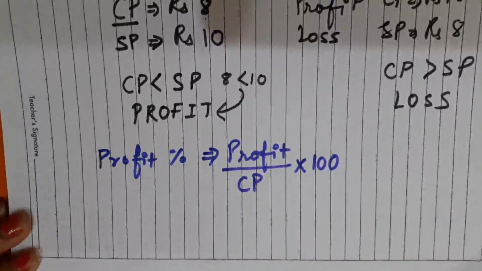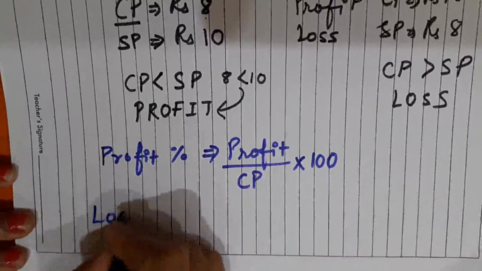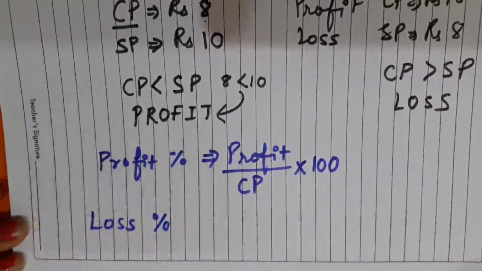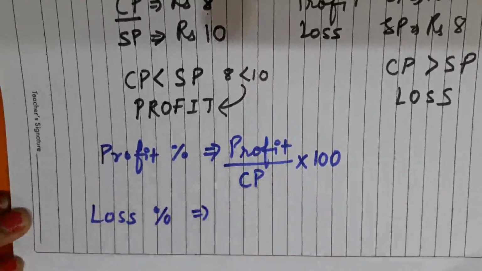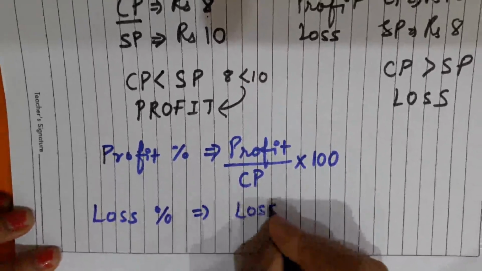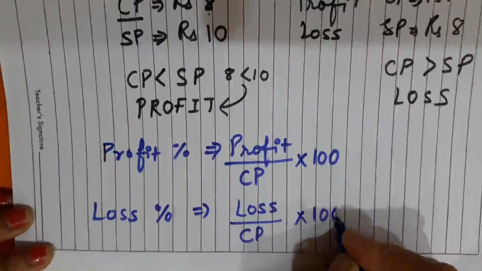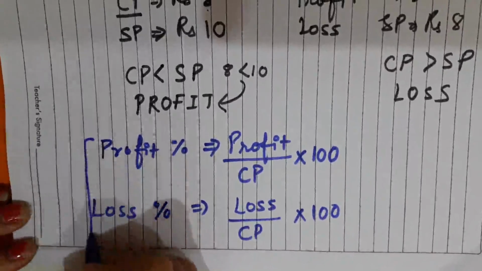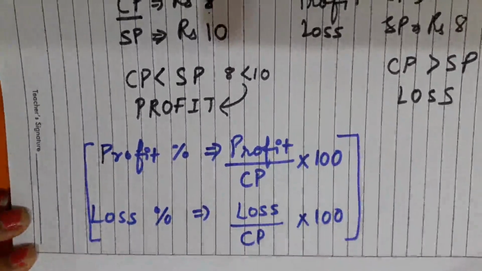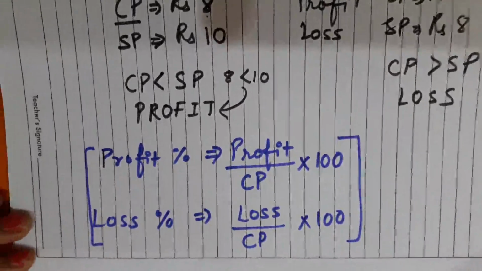And in any question, if you want to find the loss percentage, in that case we have one direct formula: loss upon CP into 100.